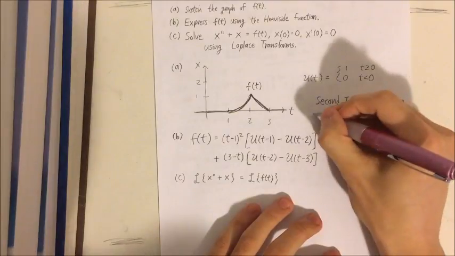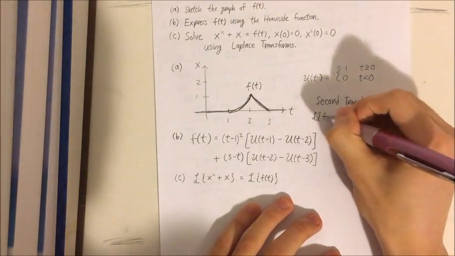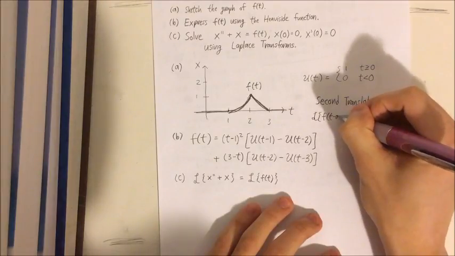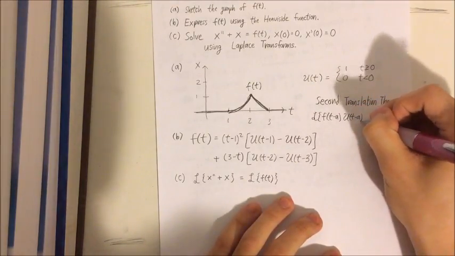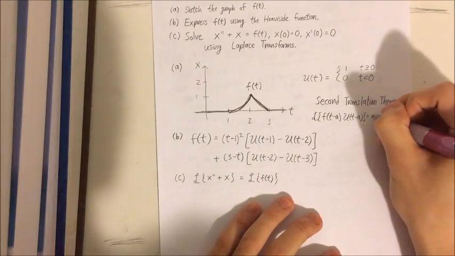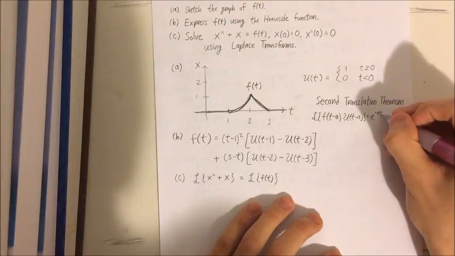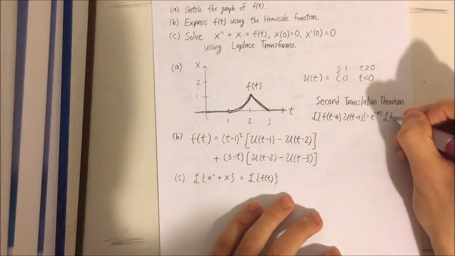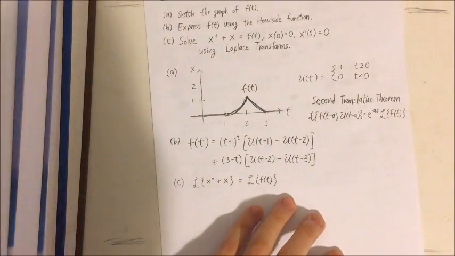It basically says the Laplace transform of the function f of t minus a times the unit step function at t minus a is equal to e to the power of negative a s times the Laplace transform of f of t.